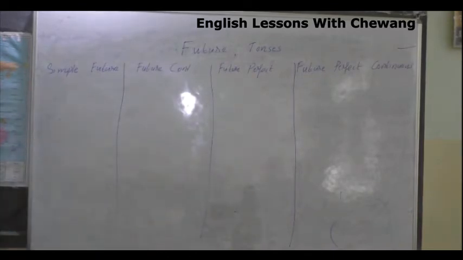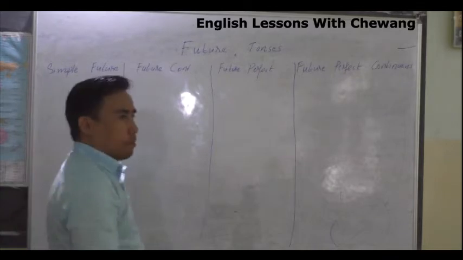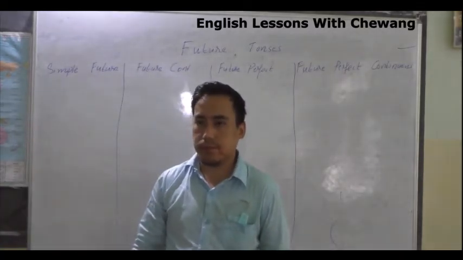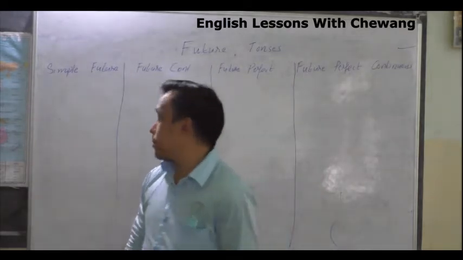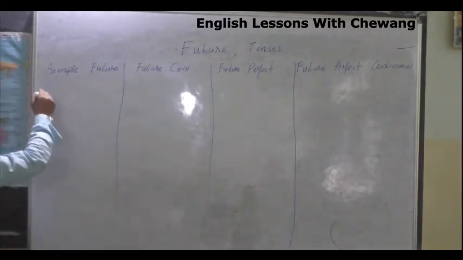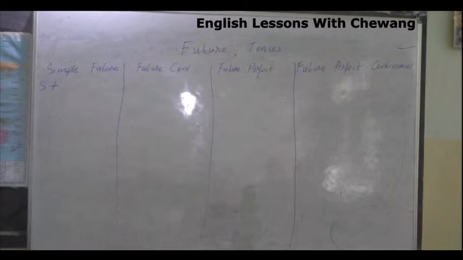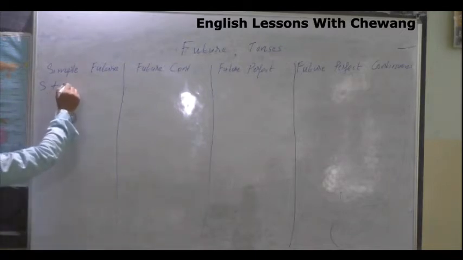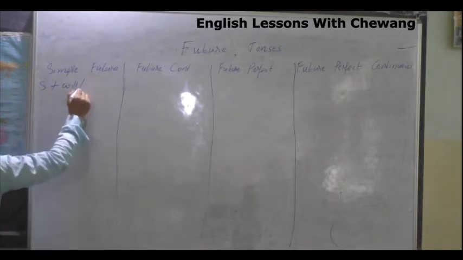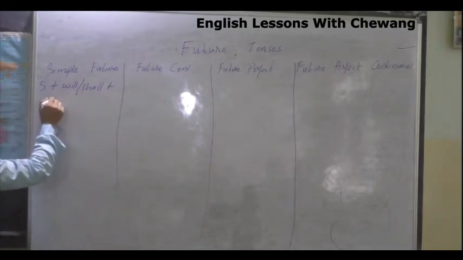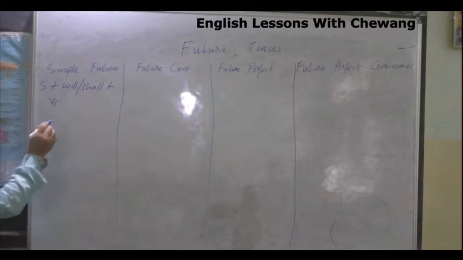So the form. Let's look at simple future. The form: subject plus will or shall plus first form of the verb plus object.